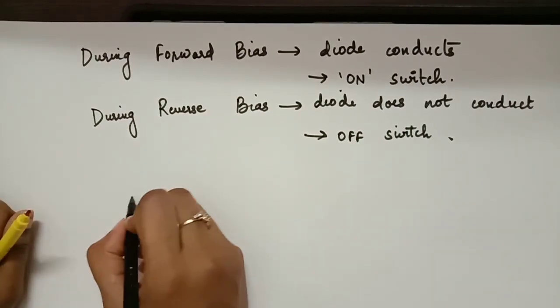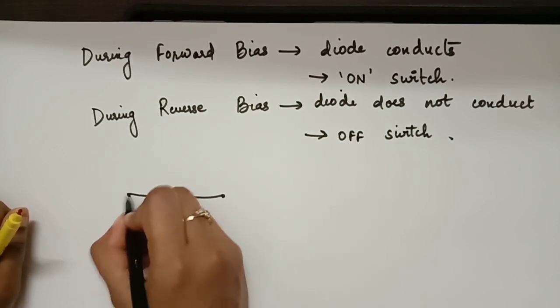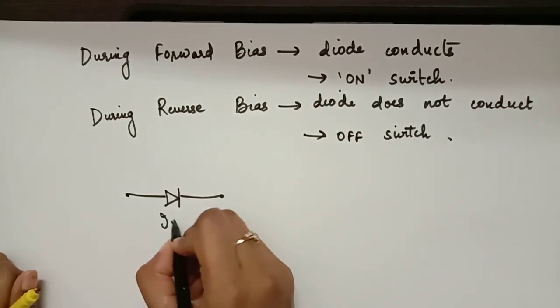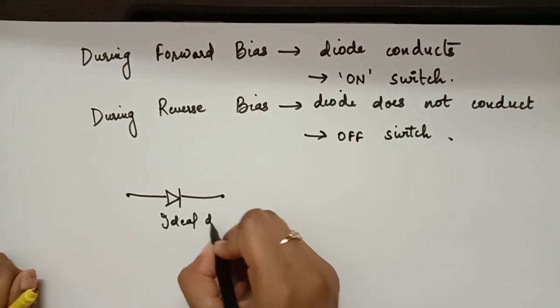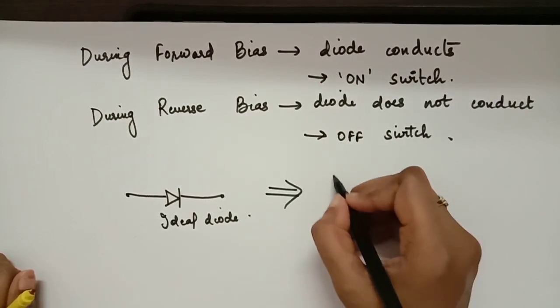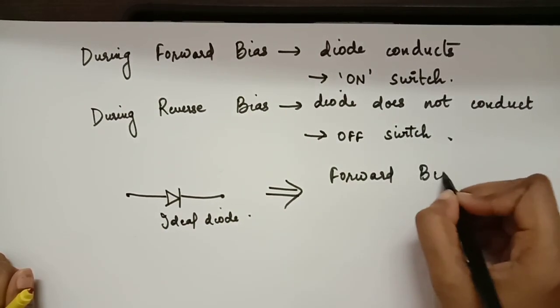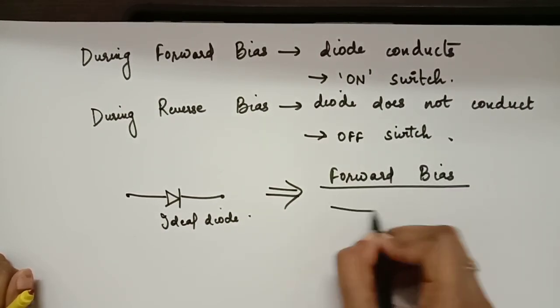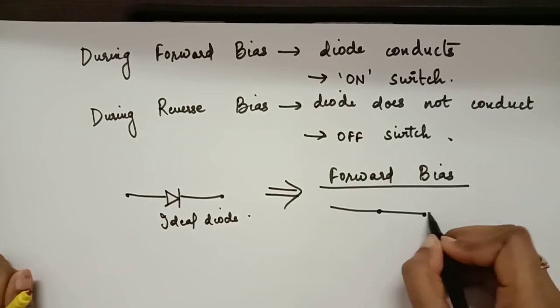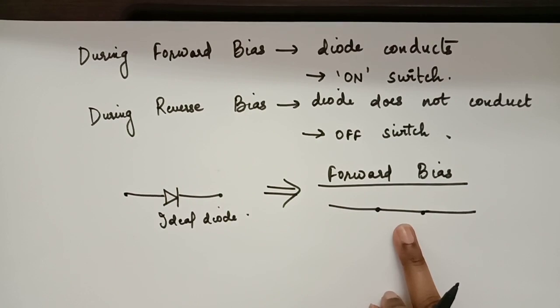So if I draw a diode like this and I say that it is an ideal diode, then for forward bias case, if it is forward biased, it will behave like this. That means it will become a switch that is closed.